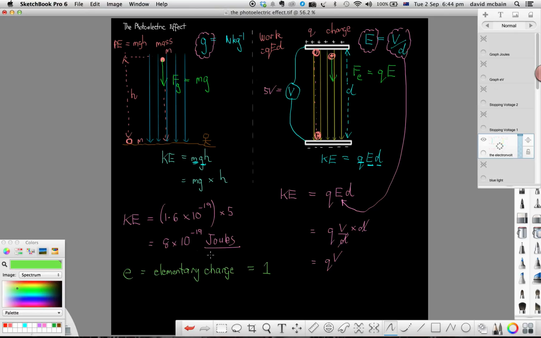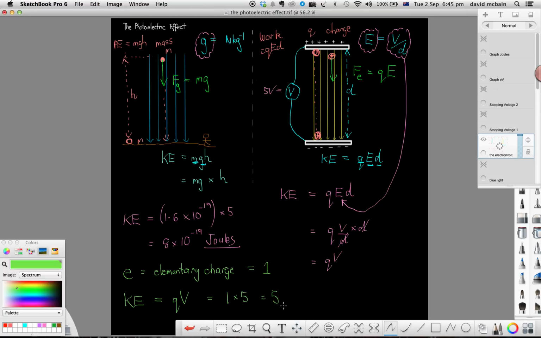So how can we use this idea to make this whole thing easier? Well, it's very easy, because now to work out the kinetic energy of our charge that accelerated across the plate, remember, it equals Q times V. But if we now use e, which is 1, rather than this value, then it's simply going to equal 1 times 5, which is 5.